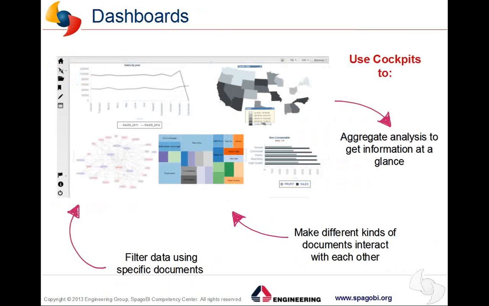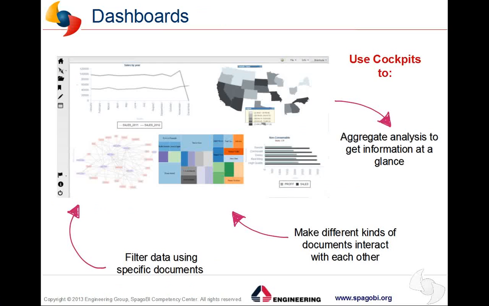They can also be different kinds of documents. You don't have to put the same kind of documents in each space of the window, such as statistical reports. You can put geographical documents interacting with network analysis, charts or statistical reports and so on.